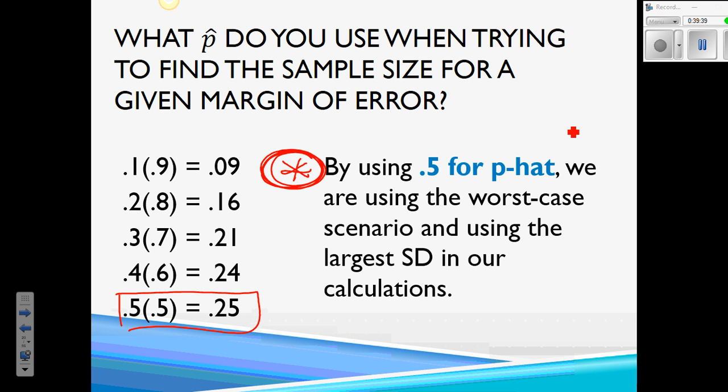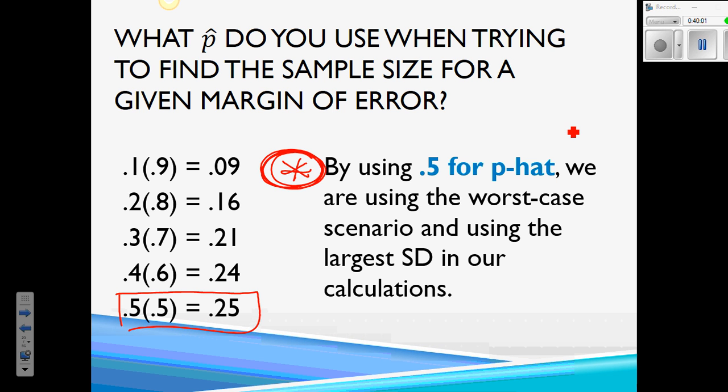The reason you're going to use 0.5 for p hat if one is not given to you is because it's going to give you the most error. I hope you understand it's going to give you the most error, because that number in the numerator is going to be higher than any other p hat value. You guys see how we compared them to 0.1, 0.2, 0.3 for p hat?